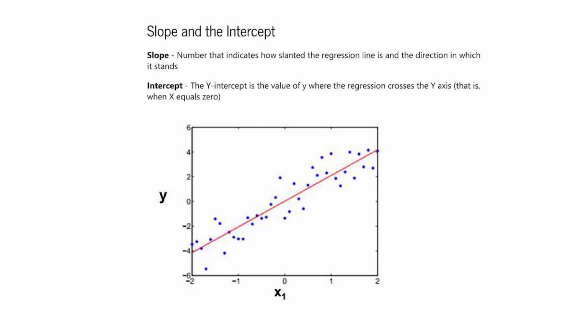So for example, if we assume that if the number of rooms in a house is more, the price of the house should be more. And intercept is, when the feature value is 0, what is the value of our output variable? So for example, if there are no rooms in the house, you can assume that's an empty land. What's the price of that land?